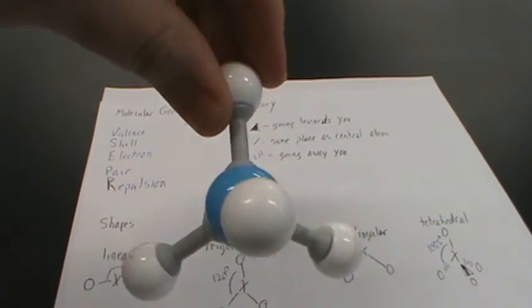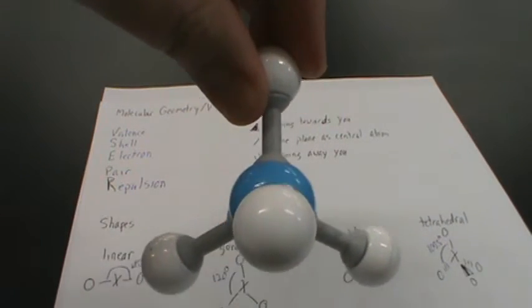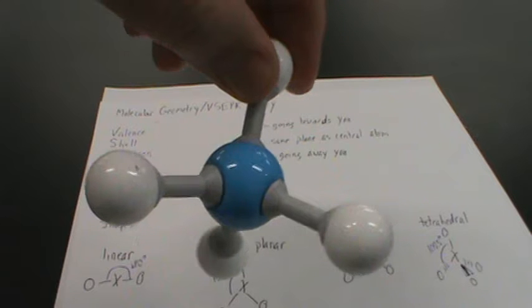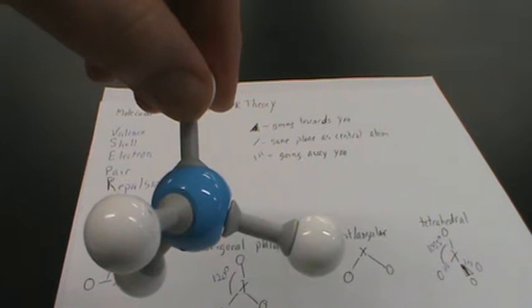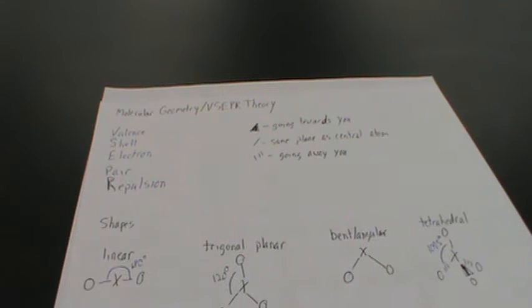On the paper, they draw it so they have two outer atoms in the same plane, one coming towards you, one going away. Sometimes when we draw these, it's a frame of reference. However you're looking at it, it might be drawn a little bit differently. Okay, so we keep on going.